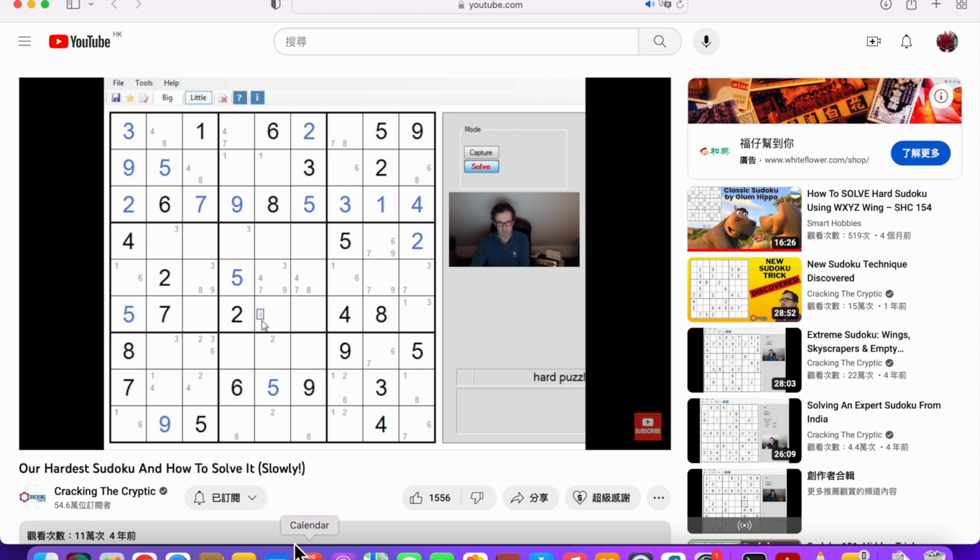Let's just check the rest of row 6 here. So we need 1, 3, 6 and 9. 3, 6, 9 here I think. 1, 3, 9. Oh, that must be useful. Maybe I could have used this earlier. In fact, this is very powerful.